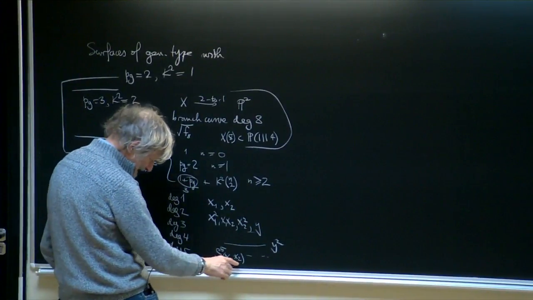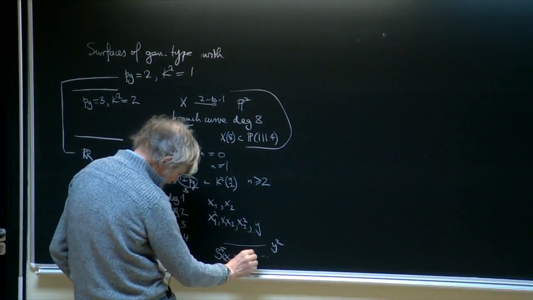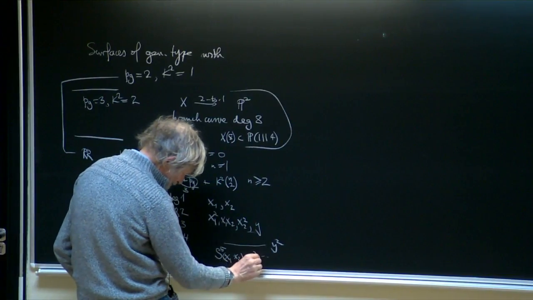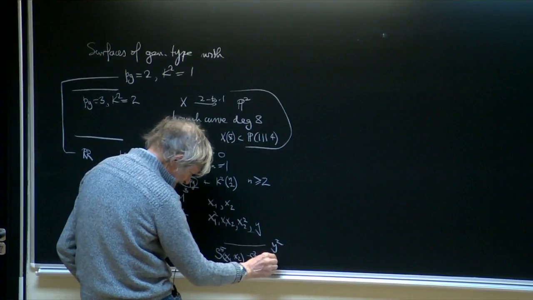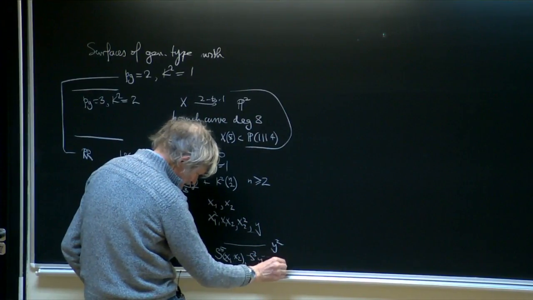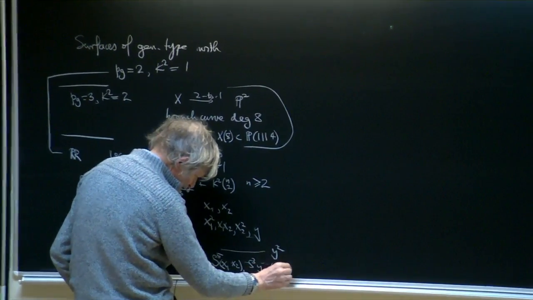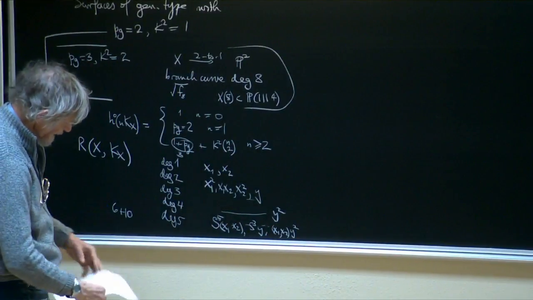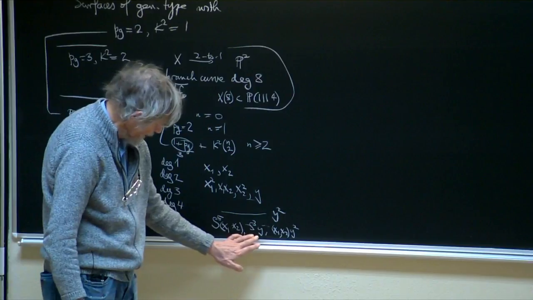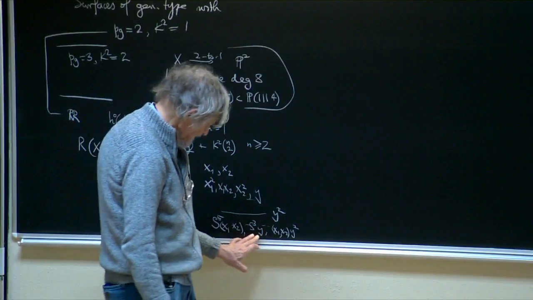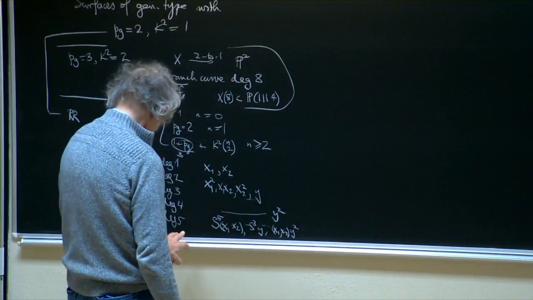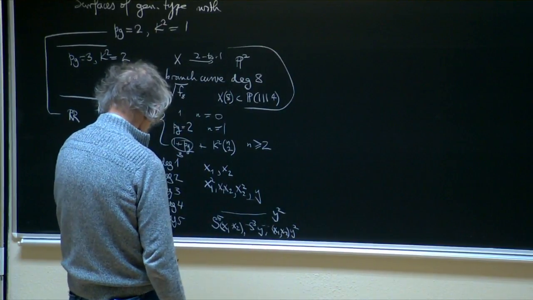I'm getting 6 from here. I'm getting S3 of the xi's times y. I'm getting x1, x2 times y squared. So I've got 6 here and 4 here and 2 here. I've got something slightly wrong here.